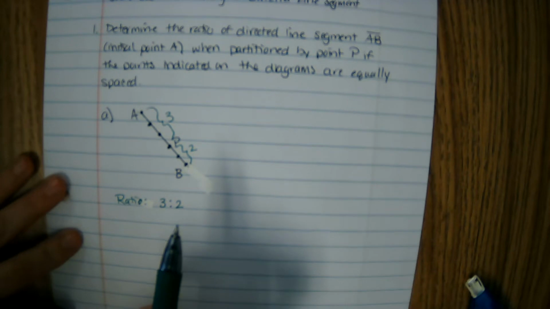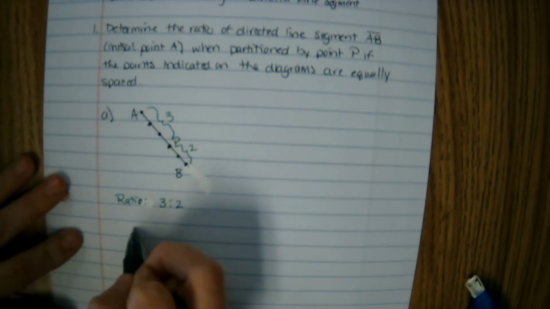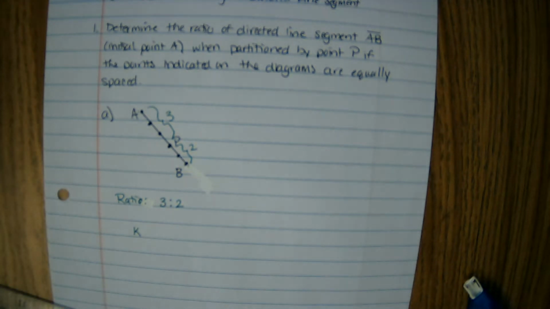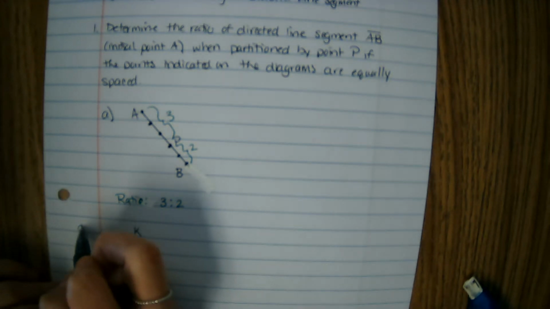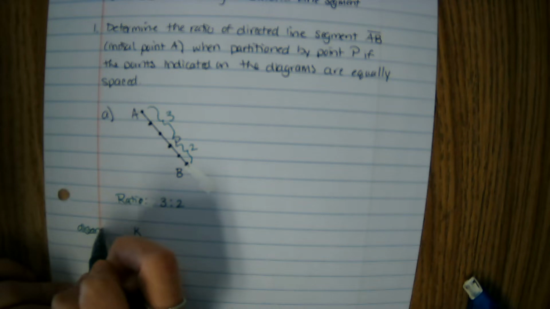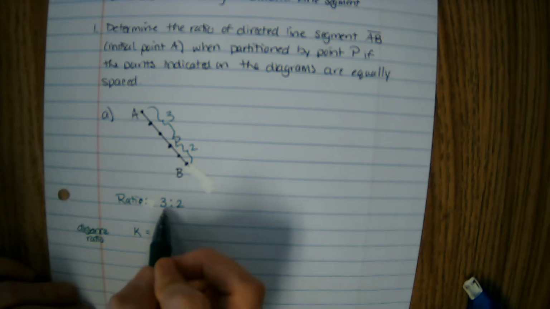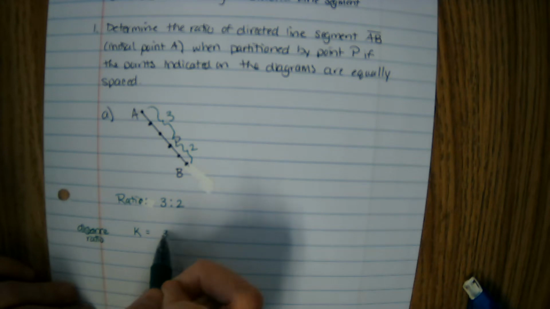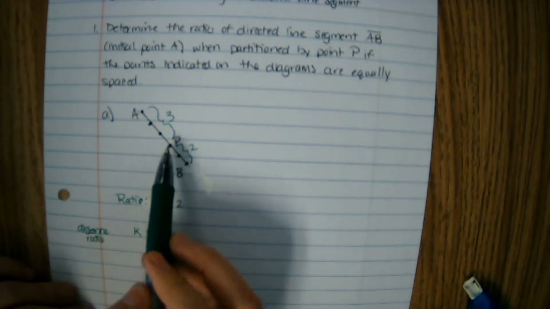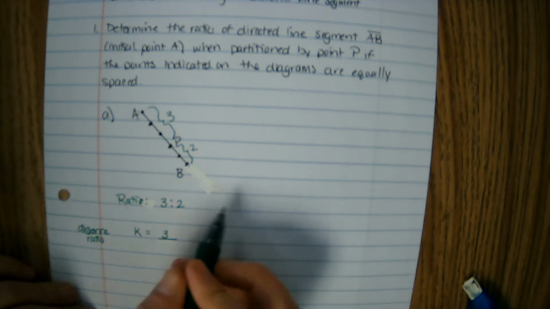So we're going to call it a K value. And K is going to be in our formula. We're going to call it our distance ratio. So to find the distance ratio, you're going to take the first number in your ratio, which is a 3, so from your initial point, how far it is, out of the total.